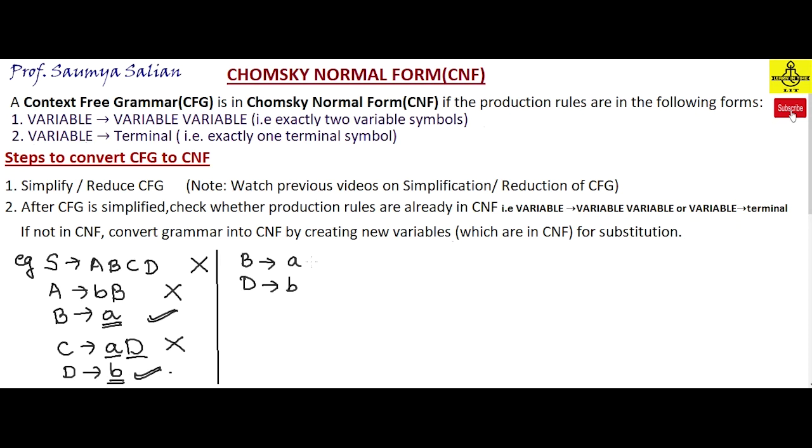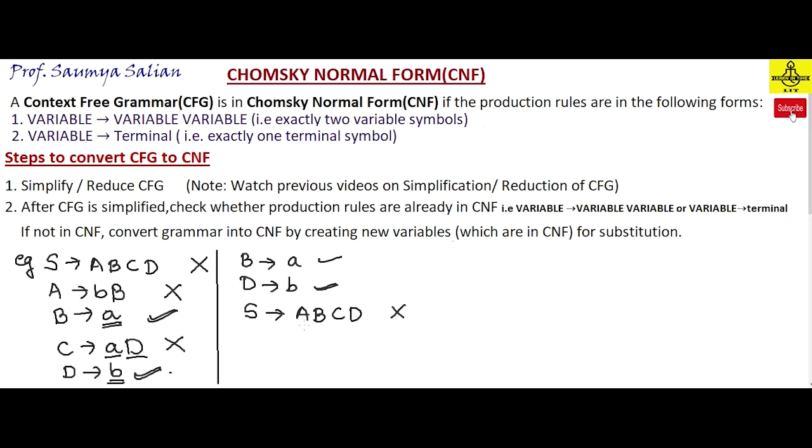B deriving a is in CNF, and D deriving b is also in CNF. Now, production rule S deriving ABCD is not in CNF. It is a combination of four variables, so I have to convert it into a combination of exactly two variables.